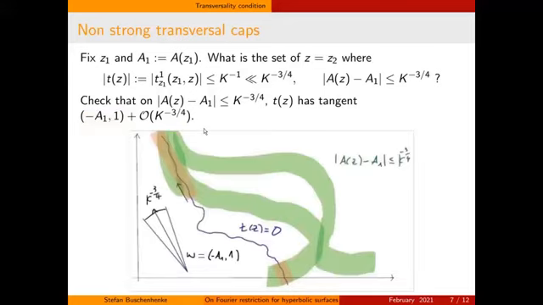And so this is how this may look. The green set here is the set where A of Z minus A1 is small. So that may look quite wild. And then the blue line here is a curve where T of Z is equal to 0. And indeed, the set where T of Z is small has to be a neighborhood of this curve.